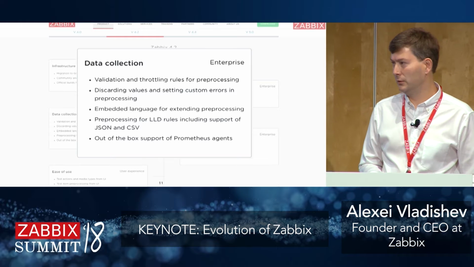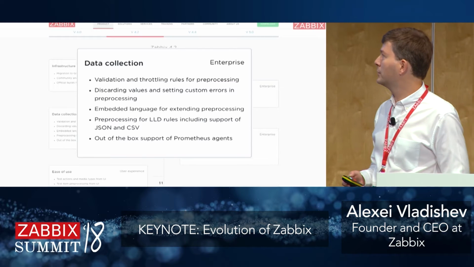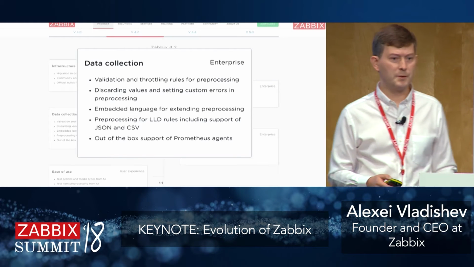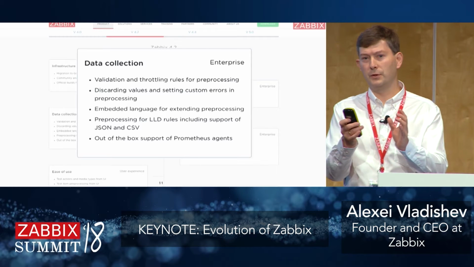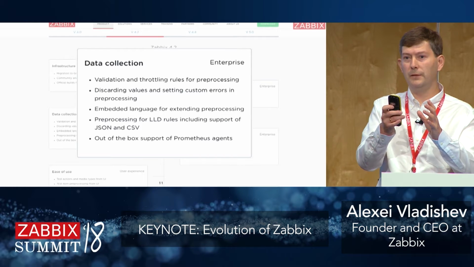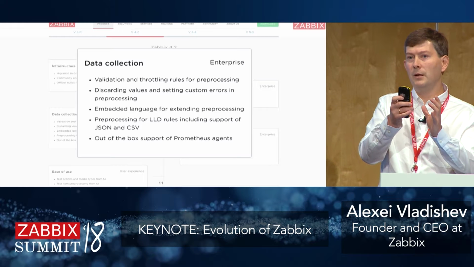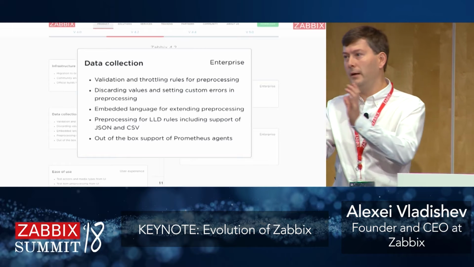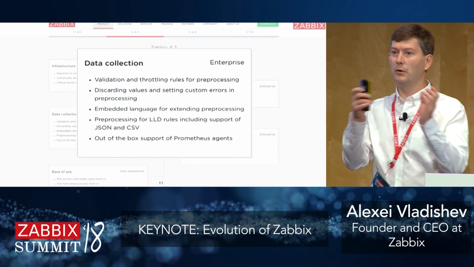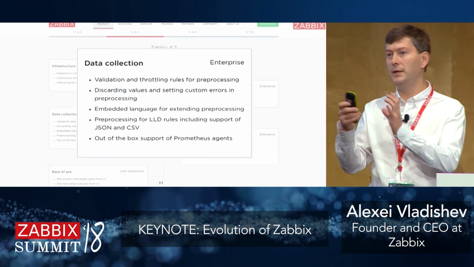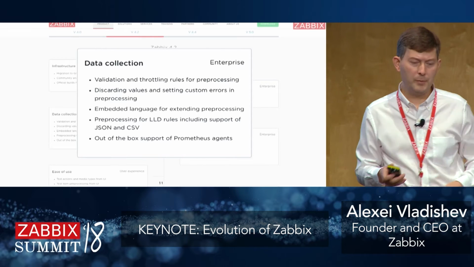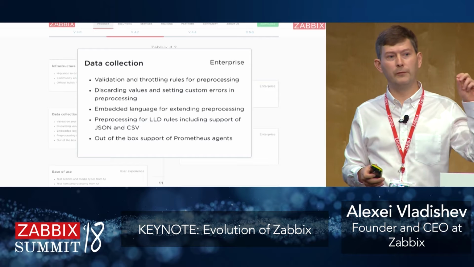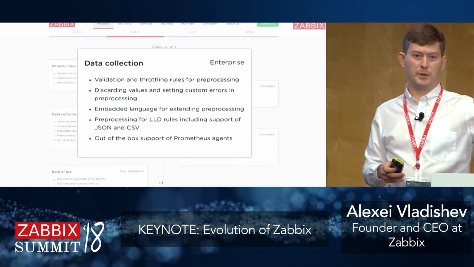The data collection. It's really important to have data collection as flexible as possible. And actually, we've been thinking of this as a first step to allow the community, and Zabbix as well, to create independent modules for monitoring of various applications. For example, the monitoring of VMware is built into Zabbix.